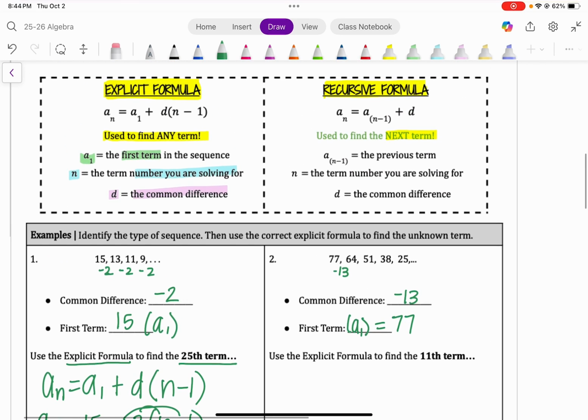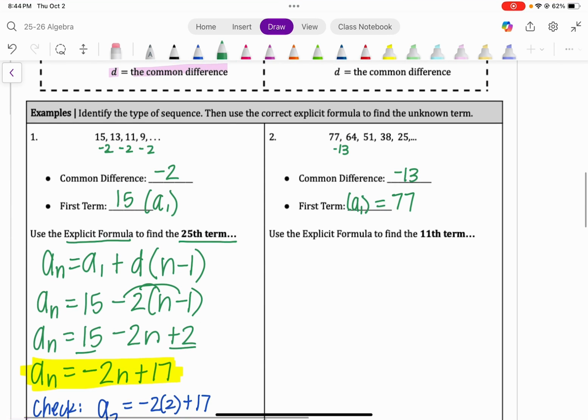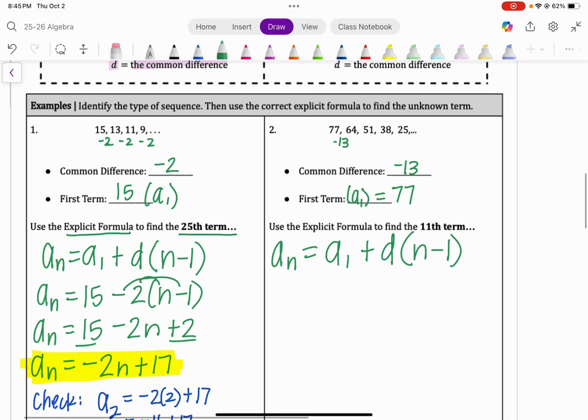So when I use that explicit formula, a sub n equals a sub 1 plus the difference times n minus 1. So a sub n equals a sub 1 plus the difference here, which is negative 13. So instead of plus negative 13, I'm putting minus 13 times n minus 1. And I should have made a1.